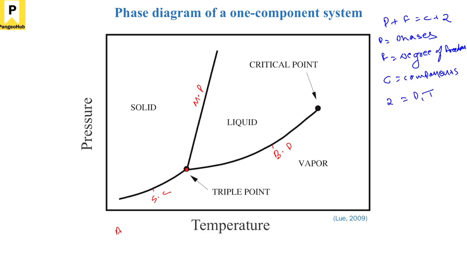So if I ask you to find degree of freedom in the solid phase field at, let's say, a point A, then here the number of phases is 1, which is solid, then the degree of freedom is 2.